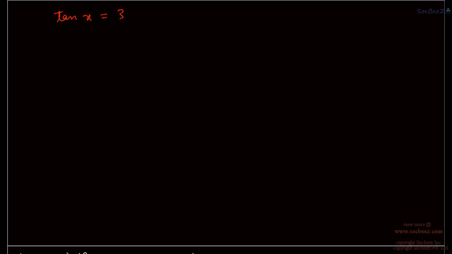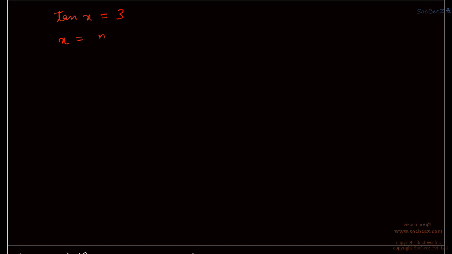Tan x equal to 3. If tan x is equal to 3, now we learned about the trigonometry. We don't have any standard angles for which tan x will be equal to 3. So we will be just writing in terms of the inverse trigonometric function we learned in the previous video.